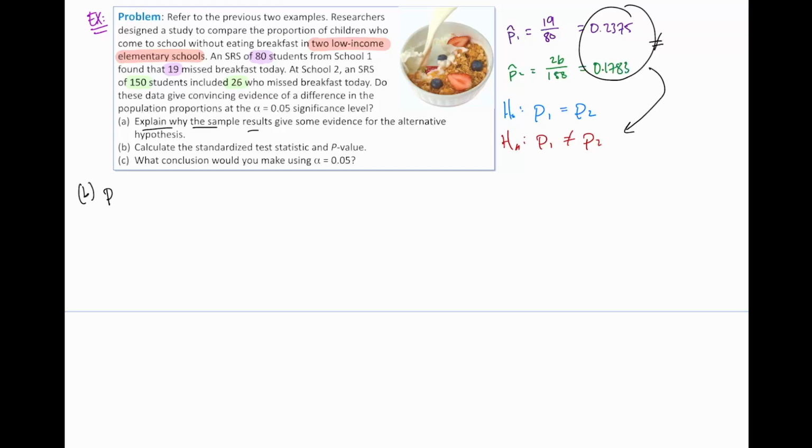So first we need our combined p-hat value. Our combined p-hat value is the total number of successes, that is the 19 plus the 26, divided by our 80 plus our 150.